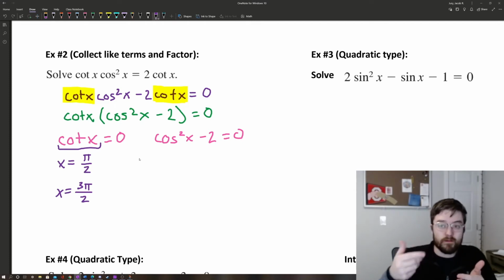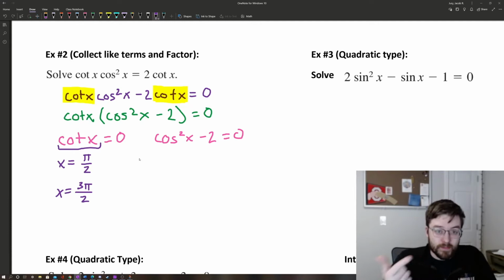They cycle quicker than sine and cosine, meaning they complete their pattern faster than cosine and sine do.